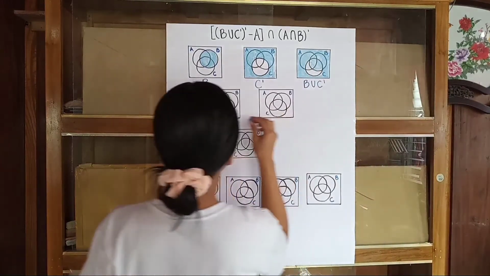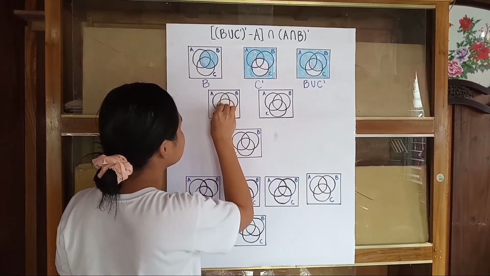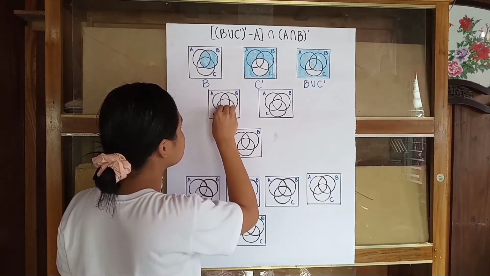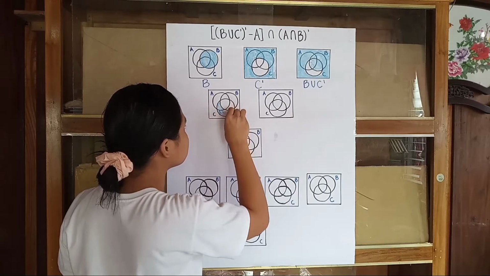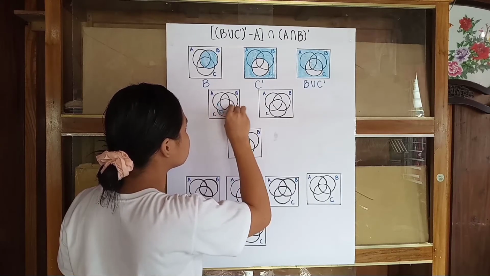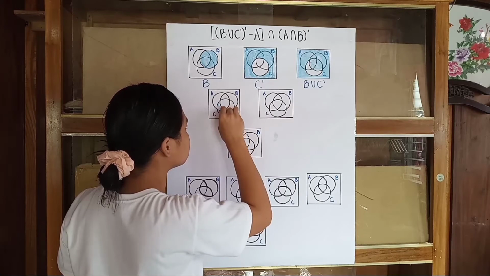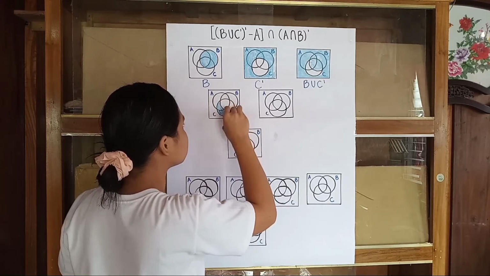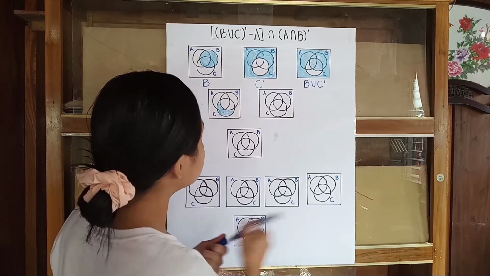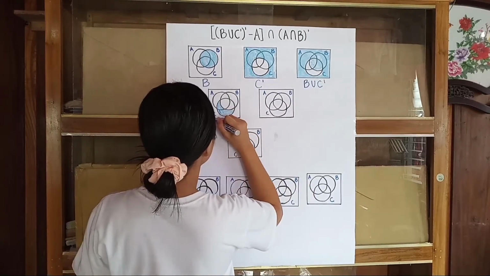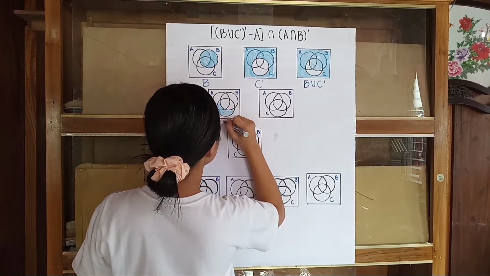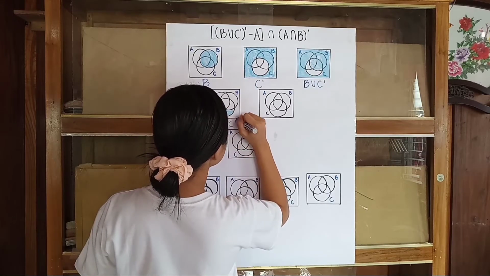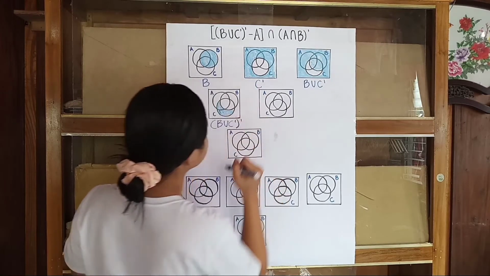So this is our complement, the complement of the union of B and the C prime.